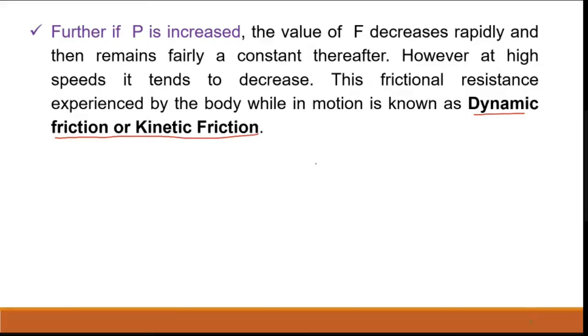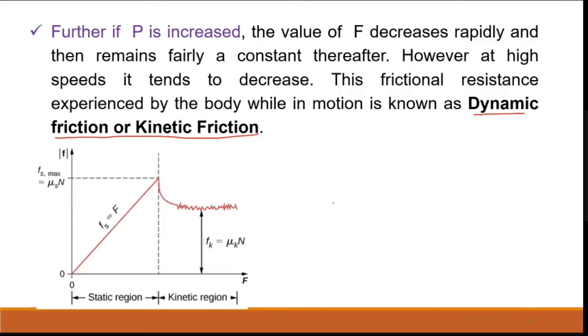So let me plot a graph for this. This is how it will be. When your P is 0, there is no change. Slowly, when I increase my force, your friction is also increasing proportionately, till it reaches the maximum value. This is your limiting friction.